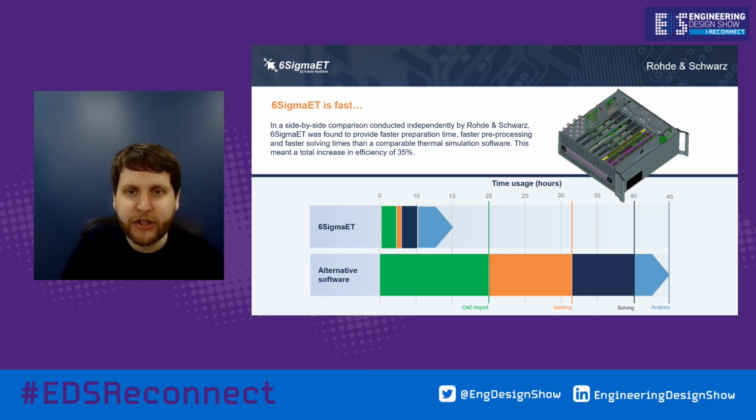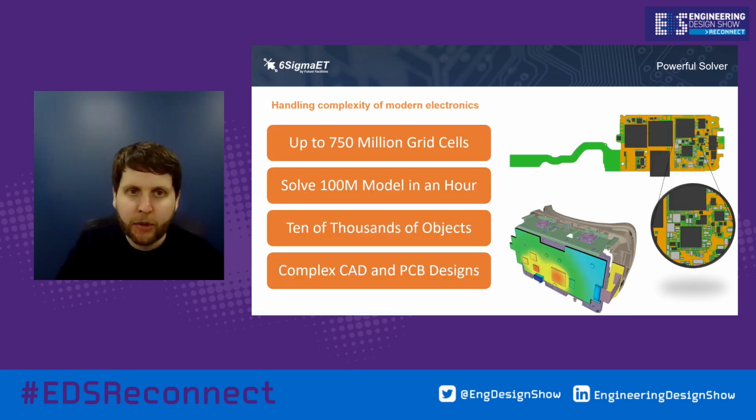You can see that used to take Rohde and Schwarz over 12 hours, now only an hour in Six Sigma ET, significantly faster solving and also significantly faster analysis as well. So if your company is not doing simulation because you think it will take up too much of your time and not worth the effort, then I would ask you to think again and maybe have a trial of Six Sigma ET to see if it meets your requirements.